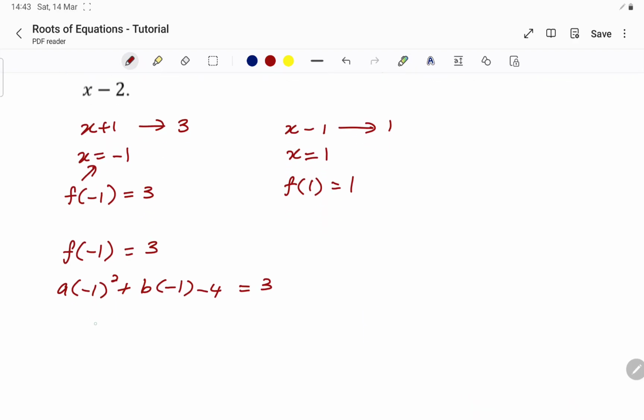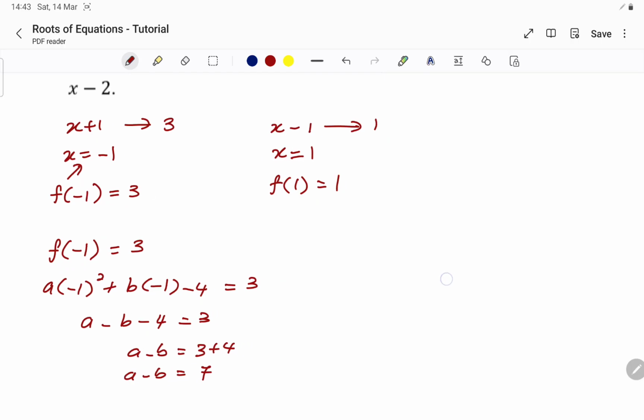Then you will get a minus b minus 4 equal to 3. To make it easier, you bring 4 to that side, 3 plus 4, you get 7. So a minus b is 7.